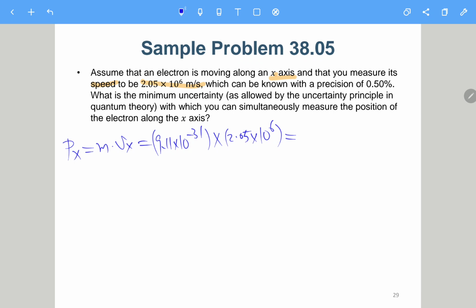So this value is 1.87 times 10 to the minus 24 kg m per s. So this is the momentum.